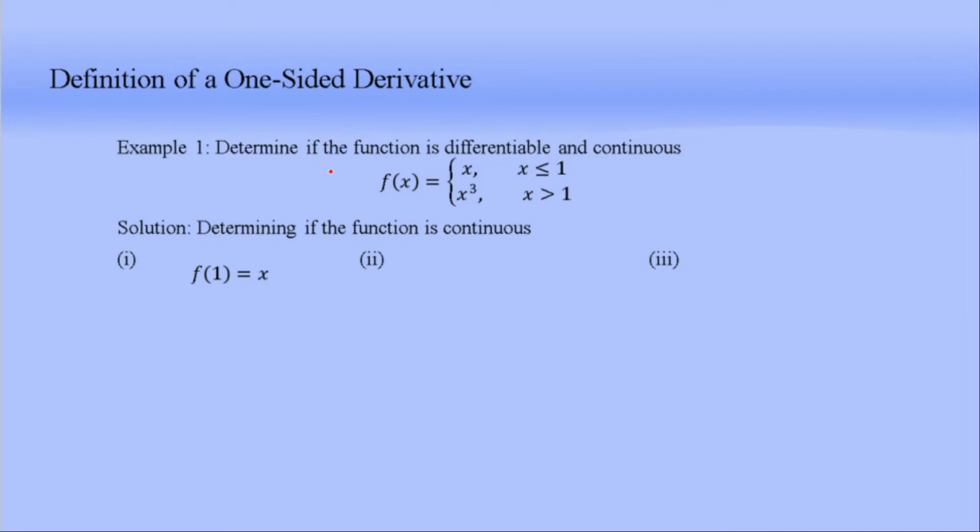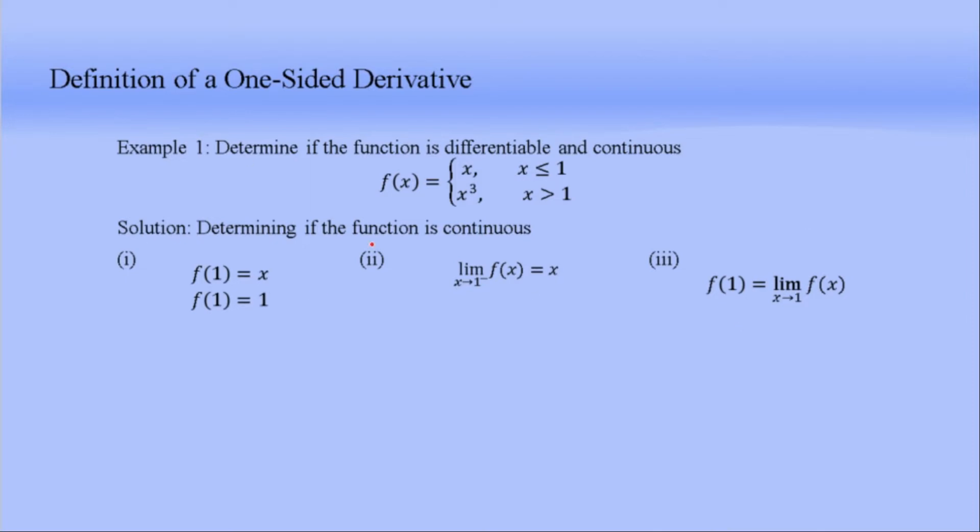The first is that f of c, pertaining to a given number or given point, is defined, and the limit of f of x as x approaches c exists, and that the definition is that f of c equals the limit of f of x as x approaches c.